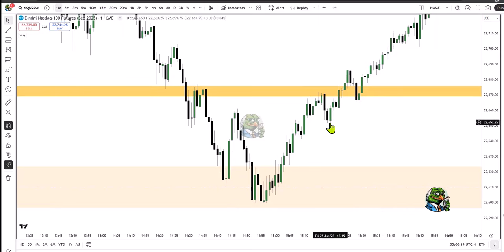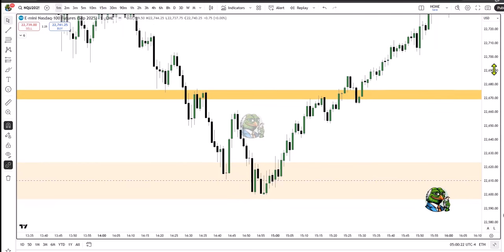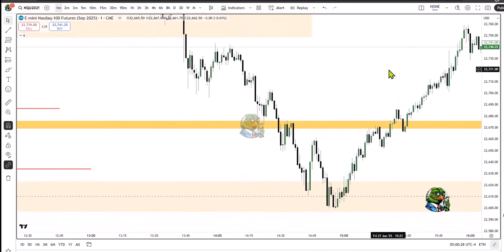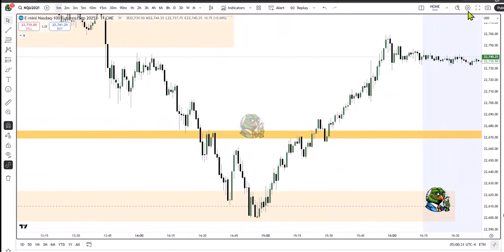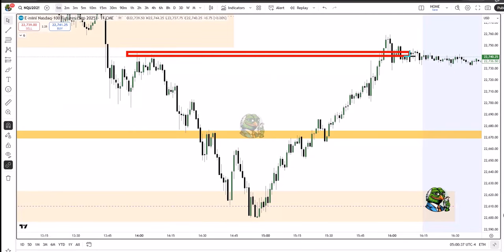Okay, now where would be our target? This is a market maker buy model, and what we want to do is look for some kind of equal highs, right, where we could offset our long position. You can see very clean equal highs resting here. So when we are engaged in a market maker sell model, we are looking for equal lows to offset our shorts. When we are engaged in a market maker buy model, we're looking for equal highs to offset our longs.